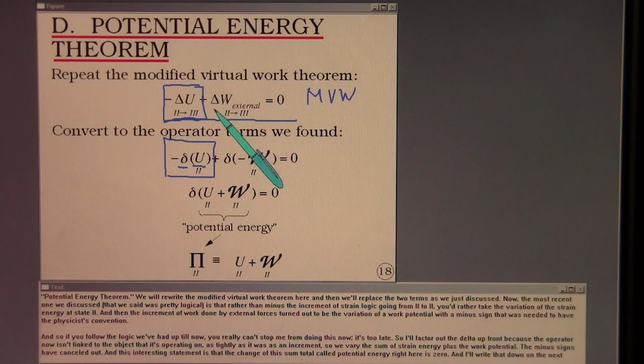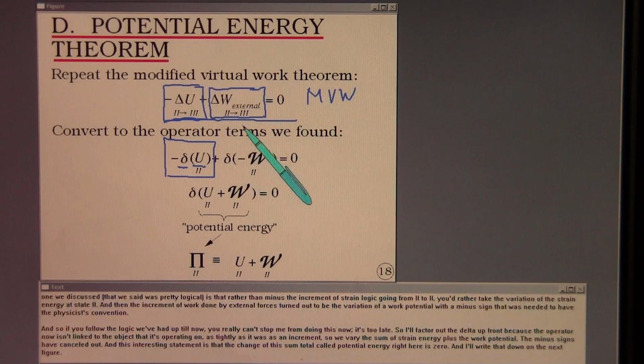And then the increment of work done by external forces turned out to be the variation of a work potential with a minus sign that was needed to have the physicist convention. And so if you follow the logic we've had up till now, you really can't stop me from doing this now. It's too late.